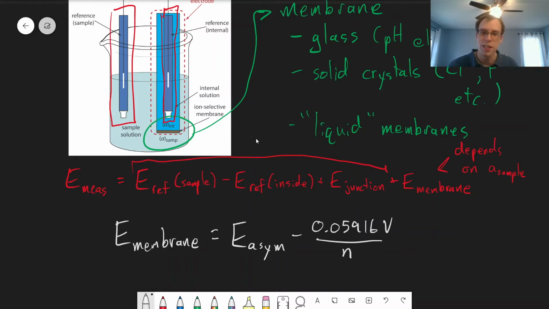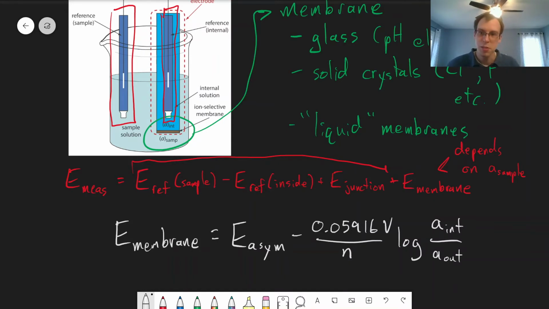Now this, of course, is assuming that we have 25 degrees Celsius temperature, all the usual substitutions that go in to get this number here, times the log of the ratio of our activity on the inside and our activity on the outside. And this ratio is what matters.